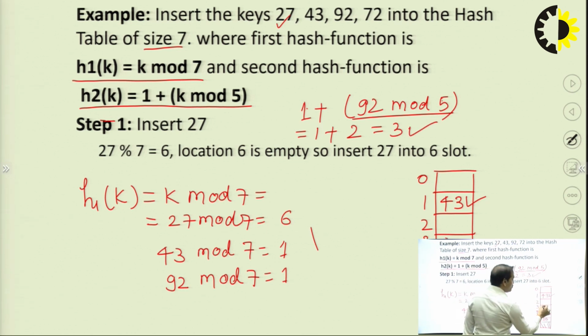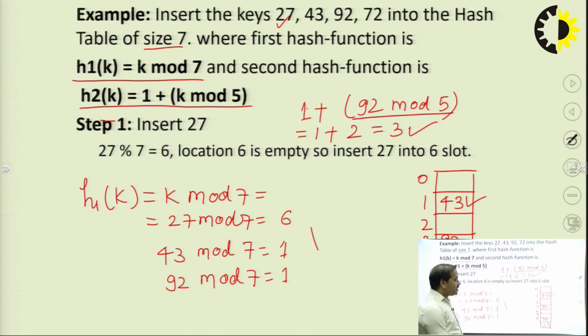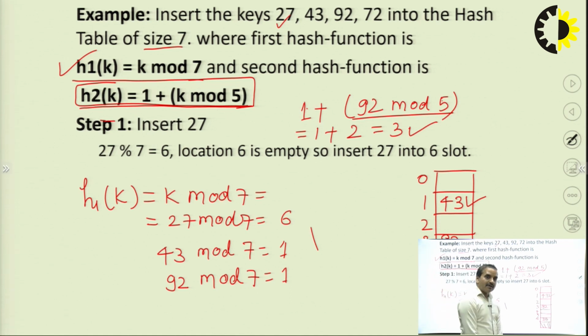So 92 is stored at location 3. That means if we want to store an element at a slot and that slot is already occupied, then we compute the position by using the second hash function. Otherwise we go according to hash function 1. This is the method which is used to insert the given element in a table.